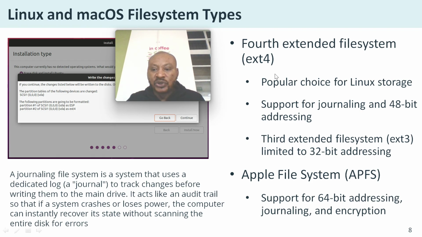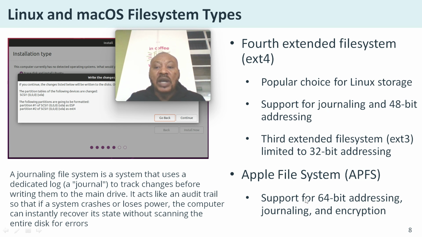All right. Now Apple has the Apple file system too. So while Linux uses this, it's a popular choice for Linux storage, right? They have a 64-bit addressing scheme. You'll understand more about addressing schemes when we look at IP addresses, such as 32-bit addressing, 64-bit addressing, and so on.